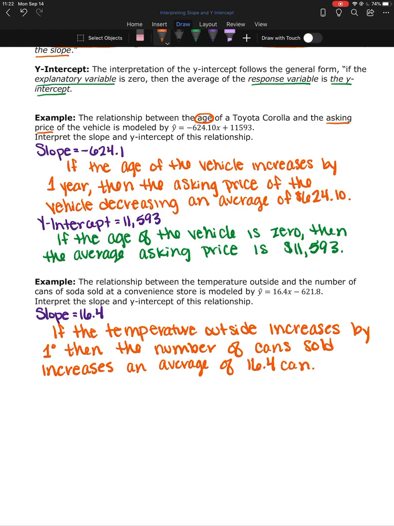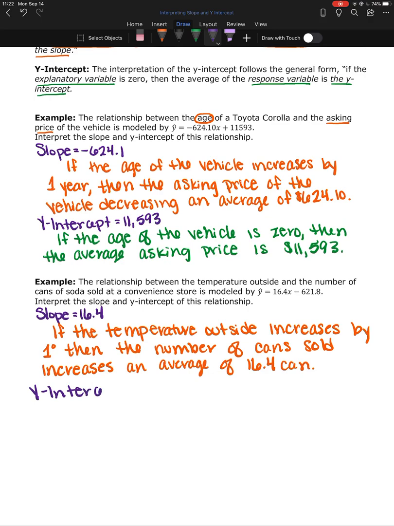Or the average number of cans sold increases by 16.4 cans. I just rearranged it a little bit. But in general, we're saying if the temperature goes up by 1 degree, then you're going to sell 16.4 more cans of soda on average. That's what this slope is telling us.